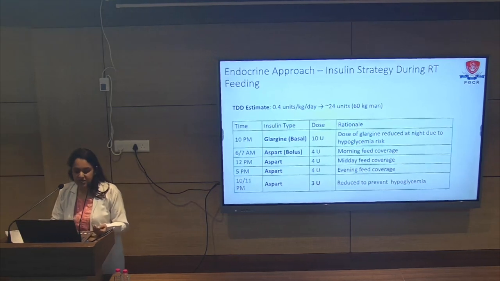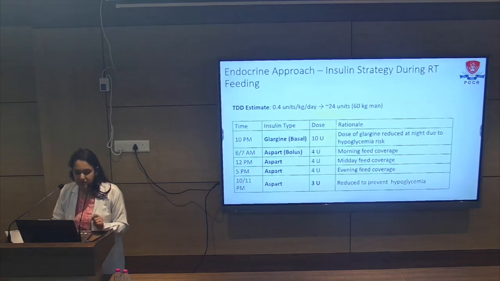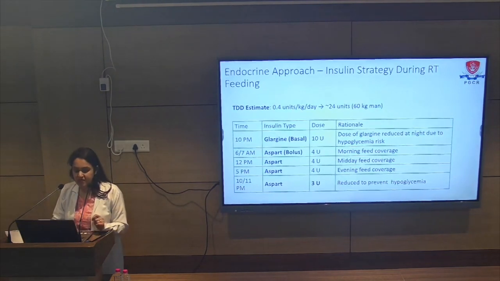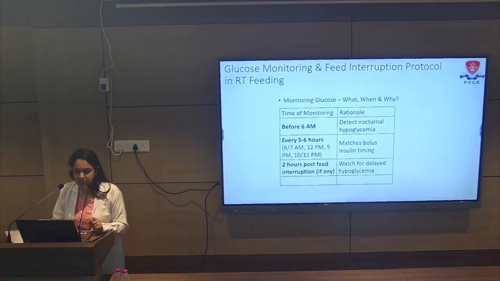We have divided the bolus dosing on the RT feeds into 4, 4, 4 and 3 units at 6 to 7 am, 12 pm, 5 pm and 10 to 11 pm. The nighttime bolus dosing is reduced to prevent nocturnal hypoglycemia.